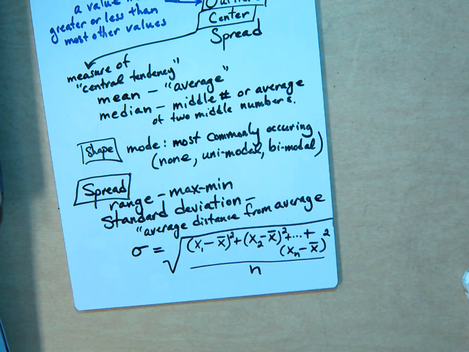Well, the average distance from the average might be about 1. If most of you were greater or less than 1 year from the average, the standard deviation might be 1. You'll do some more examples in the book problems today.